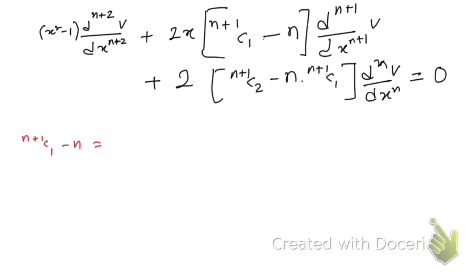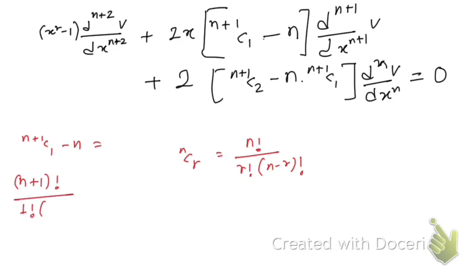Let me show you how. nc1, we know that ncr is equal to factorial n divided by factorial r into factorial n minus r. So if we apply that, here we're gonna have n plus 1 factorial by 1 factorial into n plus 1 minus 1 factorial. Here we have minus n, then n plus 1 factorial.